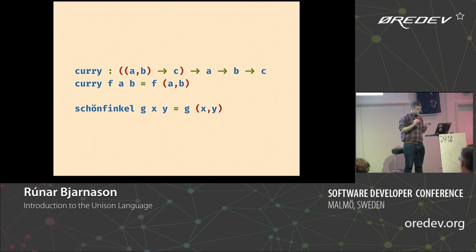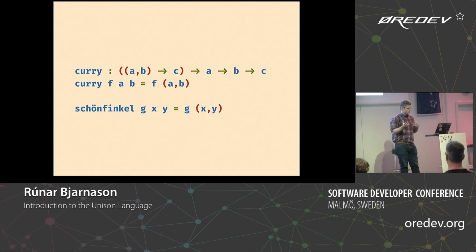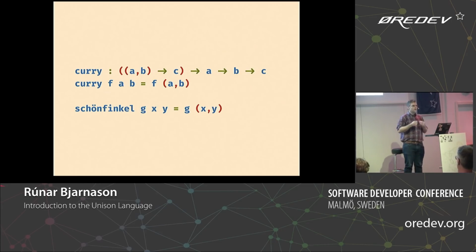But in Unison, these are not two different functions with the same implementation. They are the same function. It just has two different names. So they have the same hash, and if you have both of these definitions in your code base, Unison will just attach metadata to that hash with both of those names.